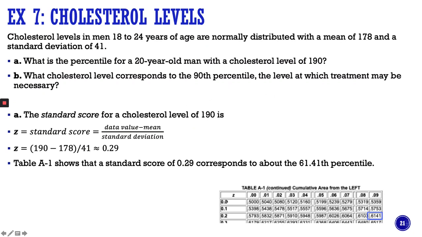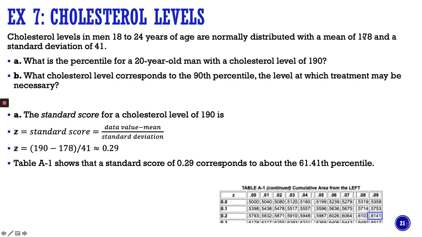Well, if we go look at our standard score for a cholesterol level of 190, the z-score, which is our standard score, is the data value minus the mean over standard deviation, because 190 is not going to land into our table. So we have to take our data value, which is 190, minus the mean.